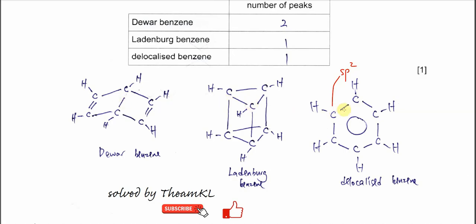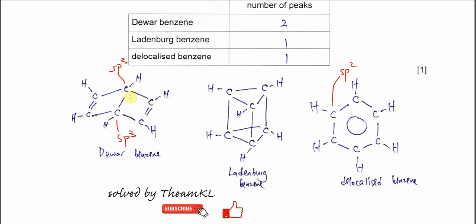Because there are only 3 electron clouds. For this Dewar benzene, we know that there are 2 carbons here that are sp3. So this one is sp3, and this one is sp3 as well. And the rest are sp2. Because for this sp3 carbon, as you can see, there are 4 electron pairs, and all these electron pairs have repulsion.